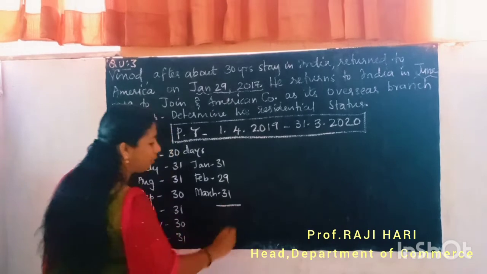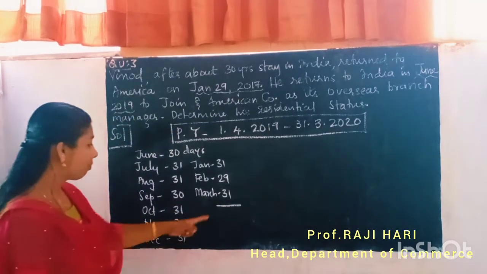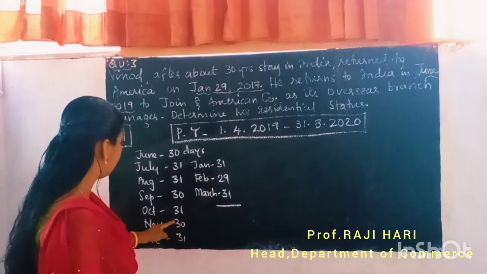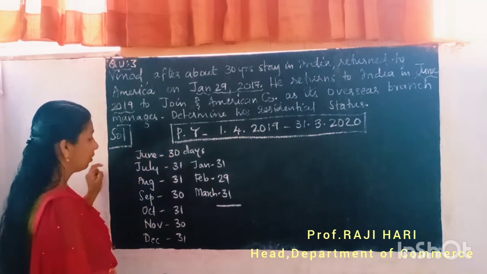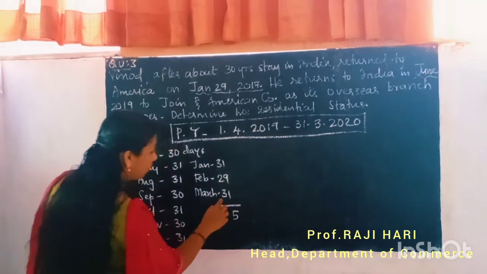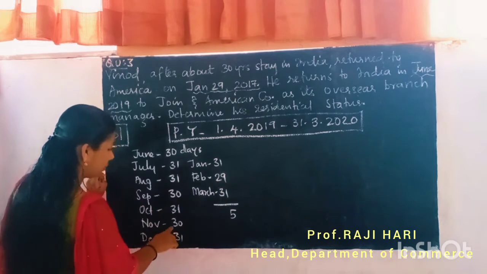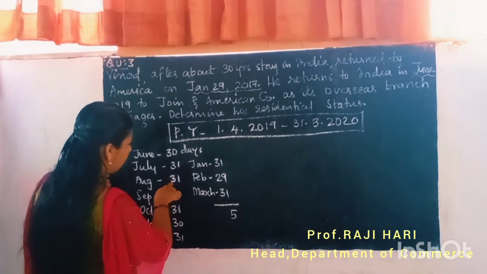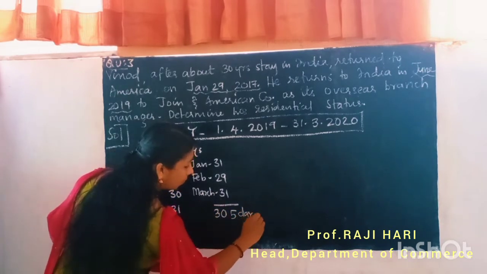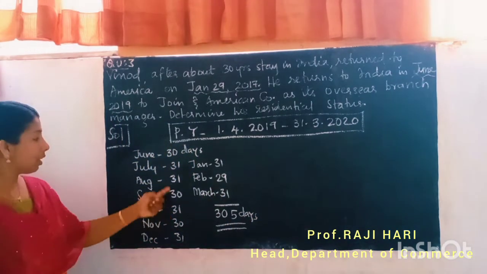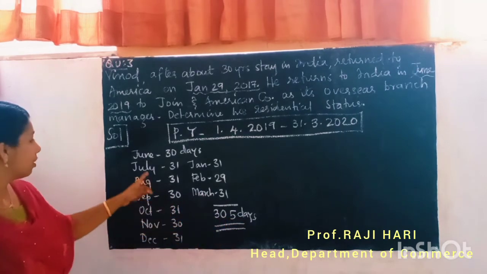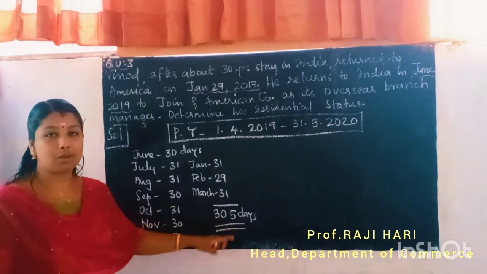So the total number of days he is physically present in India is 305 days during the previous year, June to March.